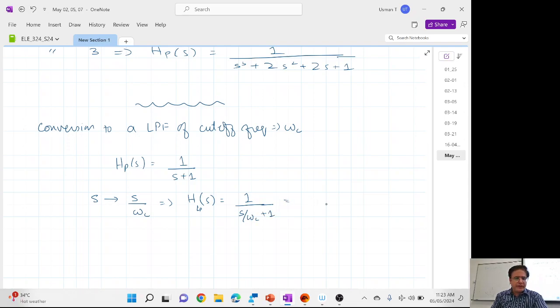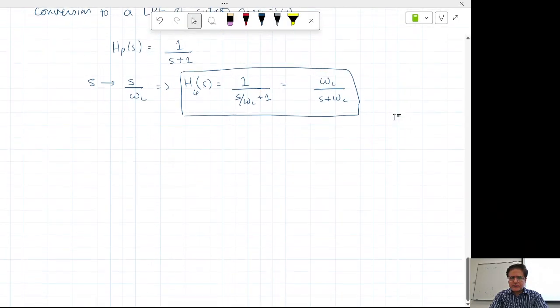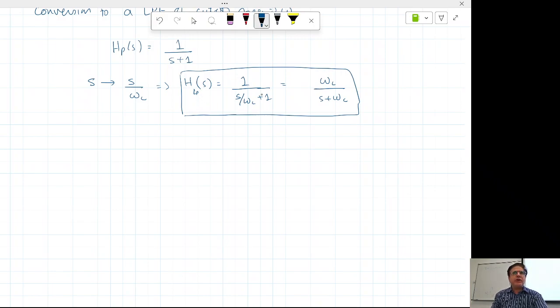After doing some simplifications, this is going to be omega c over s plus omega c. So let's verify that this H_LP of s is indeed a low pass filter of cutoff frequency omega c radians per second.